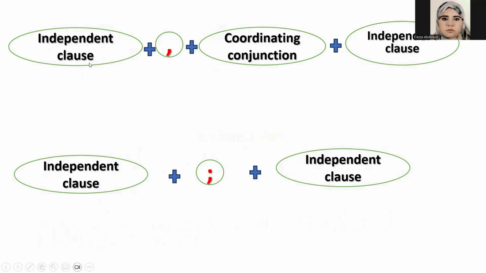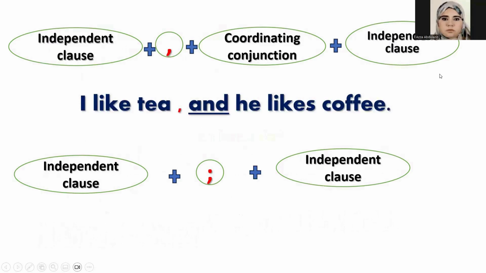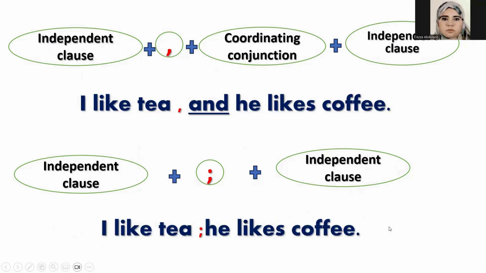We have an independent clause, comma, coordinating conjunction, the other independent clause, like this: I like tea, comma, and he likes coffee. Or we can have the independent clause, semicolon, and the other independent clause, like this: I like tea, semicolon, he likes coffee. But I want you to know that we couldn't use a coordinating conjunction after a semicolon, okay? Both examples are compound sentences here.